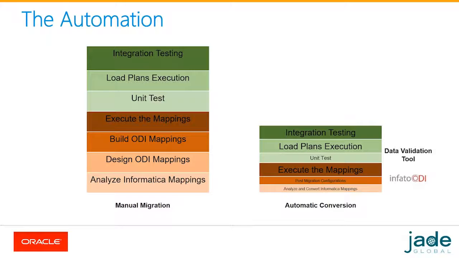The tool also implements the consistent best practice target ETL design across the board. And finally, the data validation tool helps you confirm the consistency of the data between the source data warehouse and target at the database tables level. So overall, we have seen 50 or more percent of automation achieved for such conversion projects.